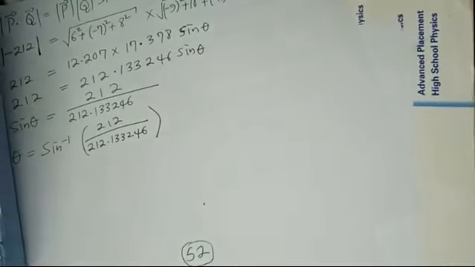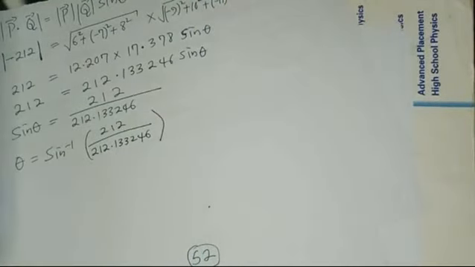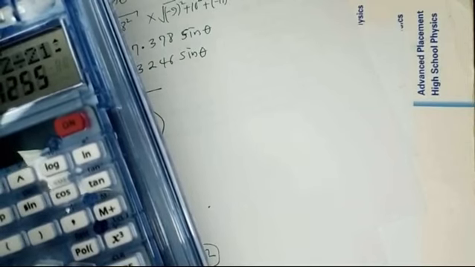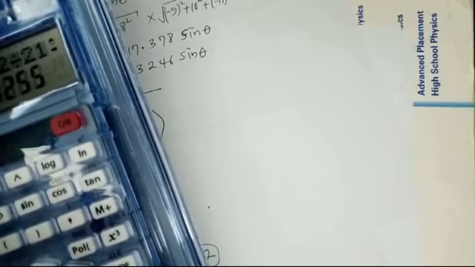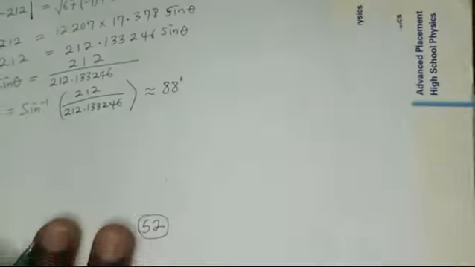Then open bracket and write your fraction, 212 divided by 212.133246. Close the bracket and press equals. This will be 87.96. If you approximate it to one decimal place, it will be about 88 degrees. So the angle between them is 88 degrees.